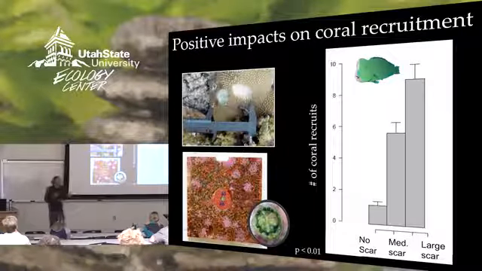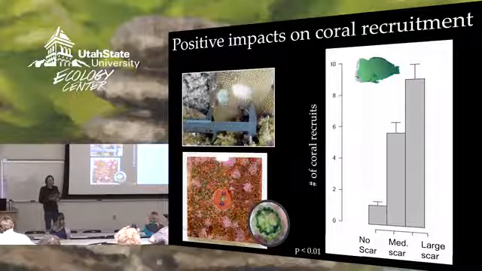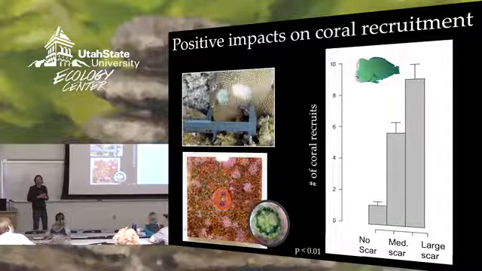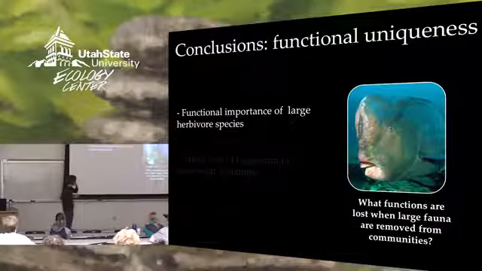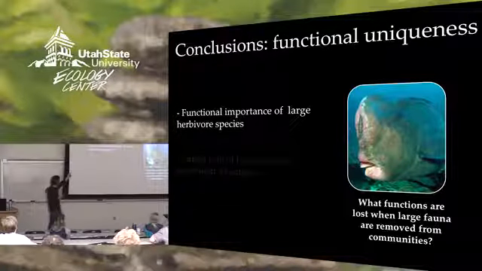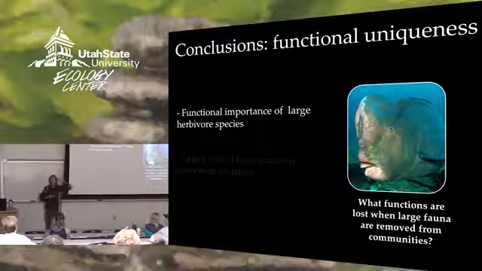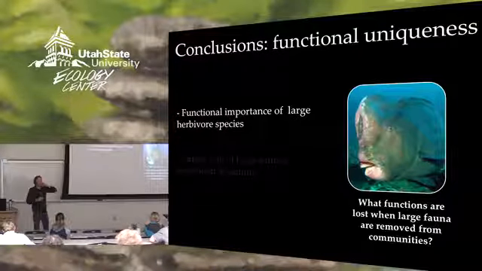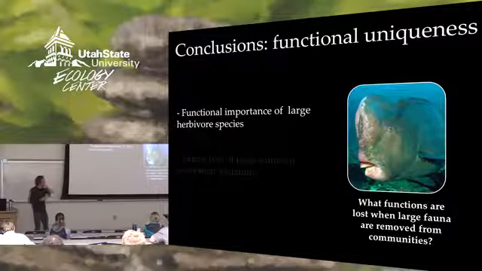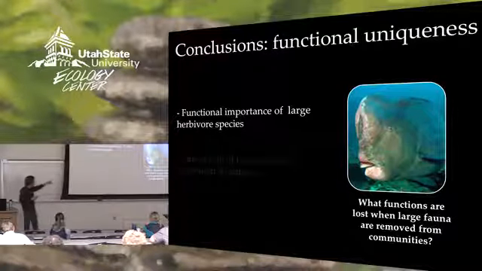So, as we got more into understanding, again, the portfolio of functions, we saw some things that would be, from a manager's point of view, positive, and from a manager's point of view, negative. My collective view is that, wow, first of all, there is something very unique about this herbivore. This is something that's going to be irreplaceable. There's nothing else on the reef that, if this species goes missing locally or globally, is going to slot in to do that.